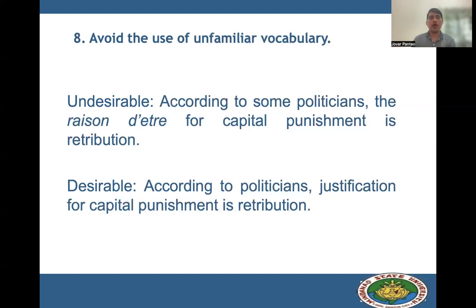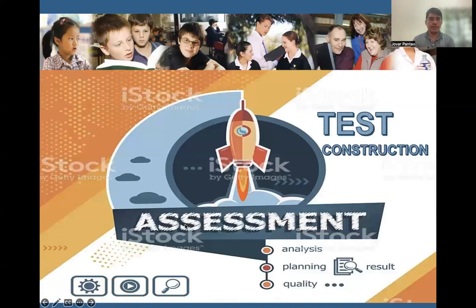So instead of stating your item this way, according to some politicians, the raison d'etre for capital punishment is retribution. You can improve it by stating, according to politicians, justification for capital punishment is retribution. And those are the 8 guidelines for constructing true or false items.